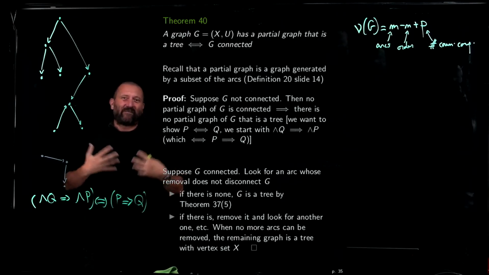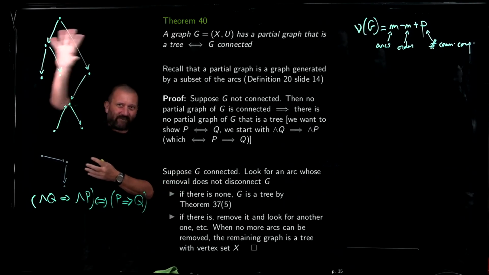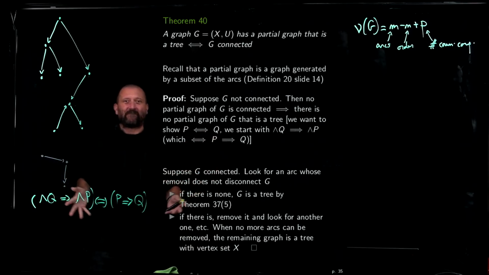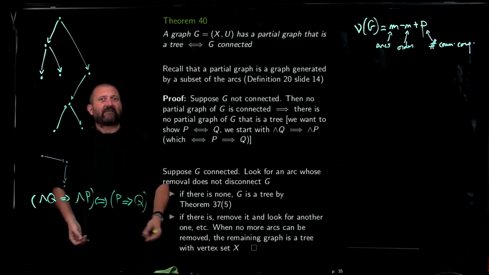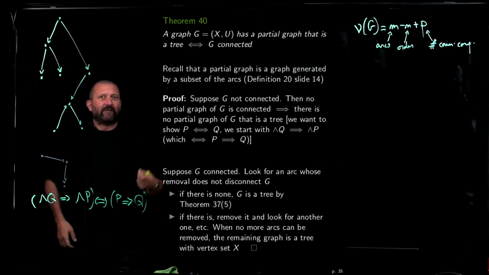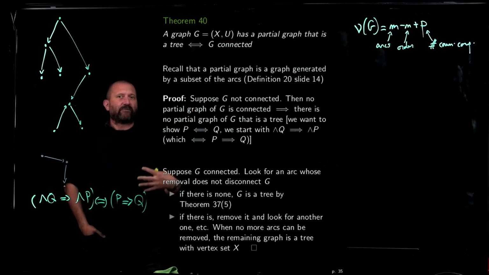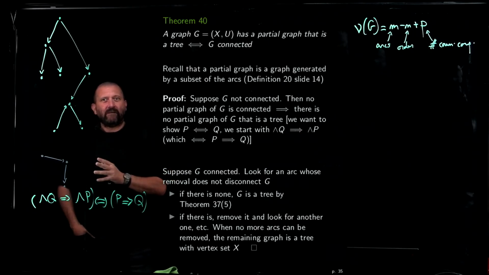Because we're assuming it's not connected to start with, removing arcs doesn't make it more connected. So, because G is not connected, no partial graph of G is connected. So there cannot be a tree. The fact that G is not connected implies that there's no partial graph of G that is a tree.